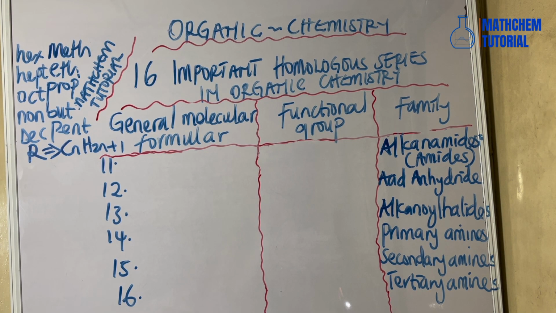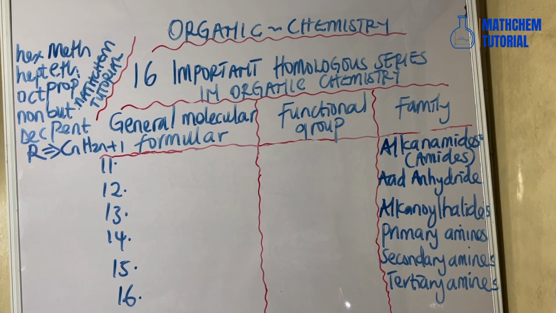Okay, so now let's start with alkanamides. The general formula for alkanamide, also known as amide, is... before that, let me just brief you on what we call alkanamides. Alkanamide comes from the words alkane and amide. The word amide sounds like amine, and you know that amine comes from ammonia.